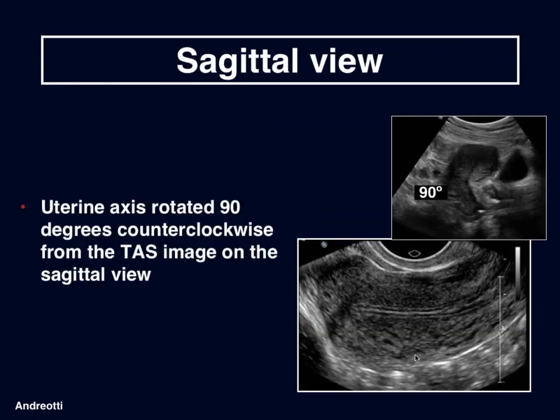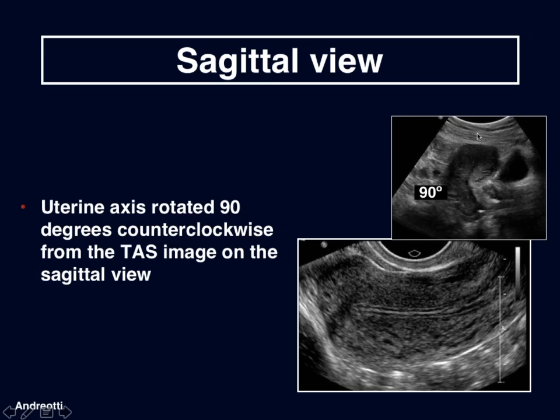So how is the transvaginal image then seen with respect to the transabdominal image? So the uterine axis is rotated 90 degrees counterclockwise from the transabdominal image on the sagittal view.